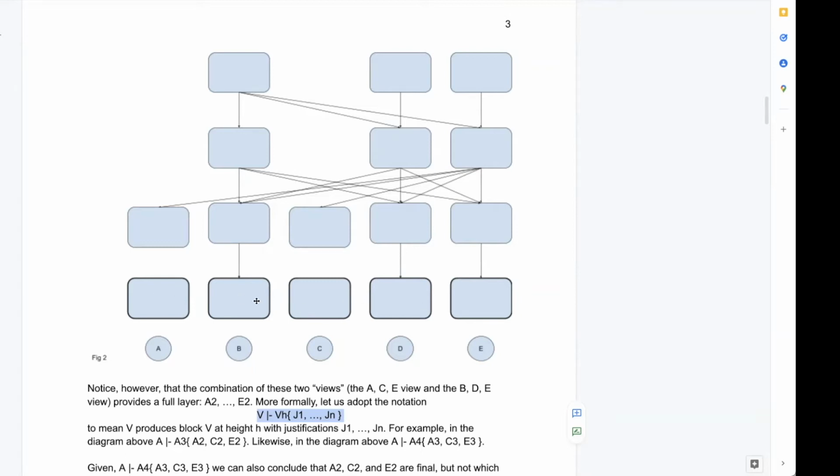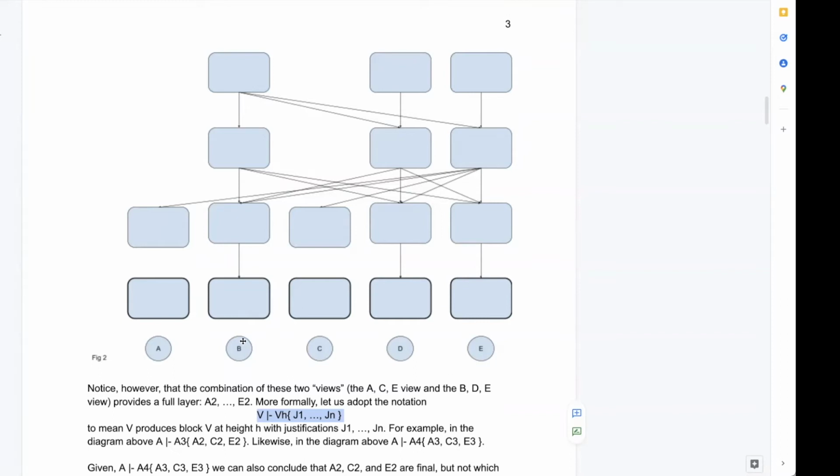The finalization fringe can be thought of as a sliding window, so the height ground gets reset. But from height 0, we can call this one height 1, and height 2, height 3. And that can be defined recursively, so that you can walk downward from the tip of the graph to the last finalized block that a given validator has produced.